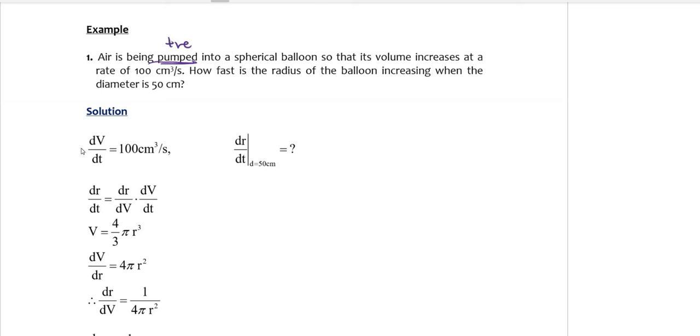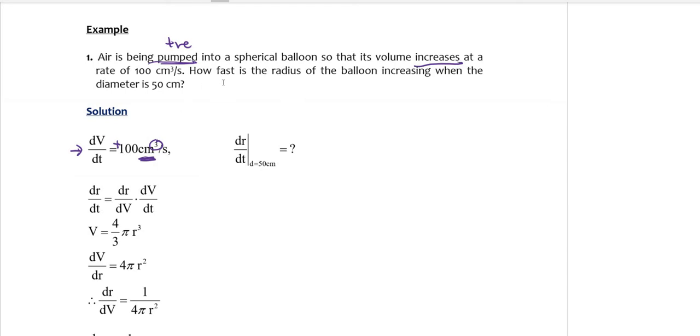So it involves volume. When it is volume, the unit should be centimeter cubed. Volume, 100, positive, and there is another hint here, increases, that's why it's plus.